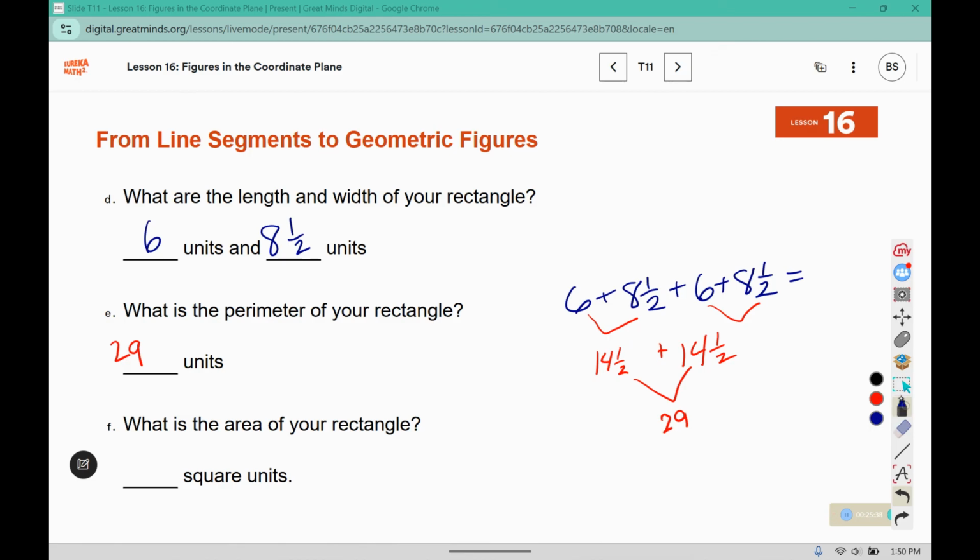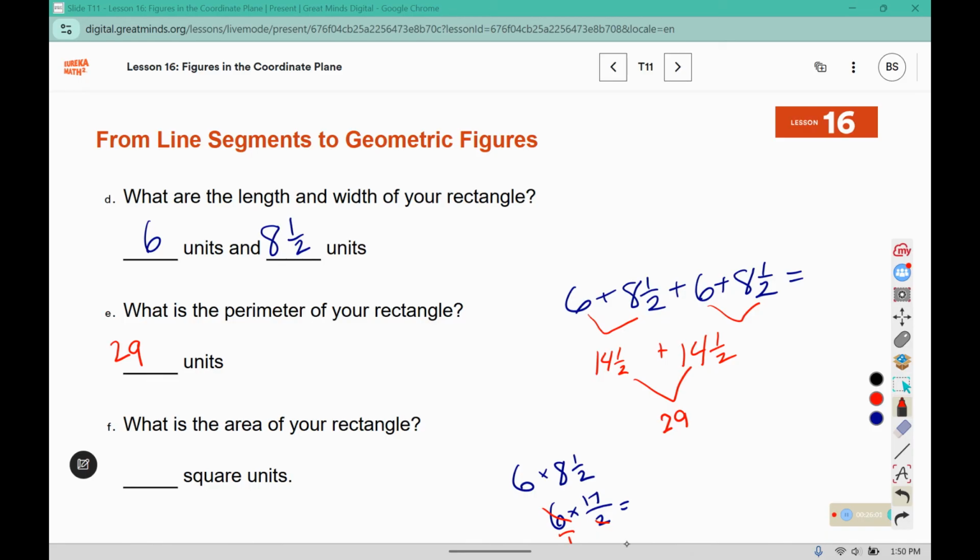For area, we multiply those values together. Base times the height, or the length times the width. I prefer to do this as an improper fraction. 8 times 2 is 16, plus 1 more is 17, over 2. There's an invisible 1 down here.